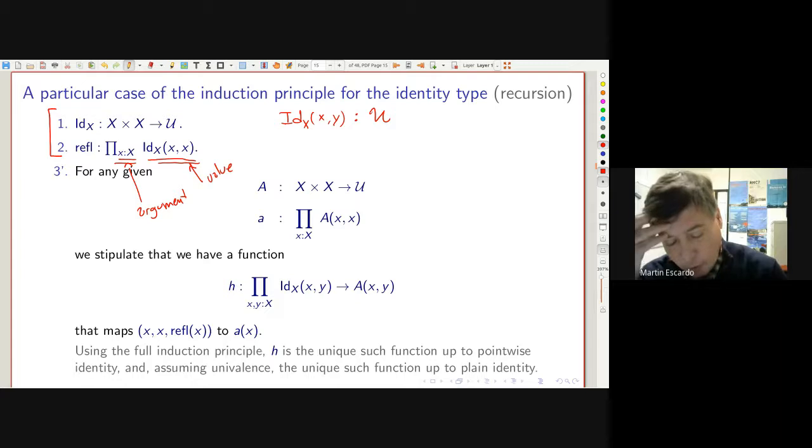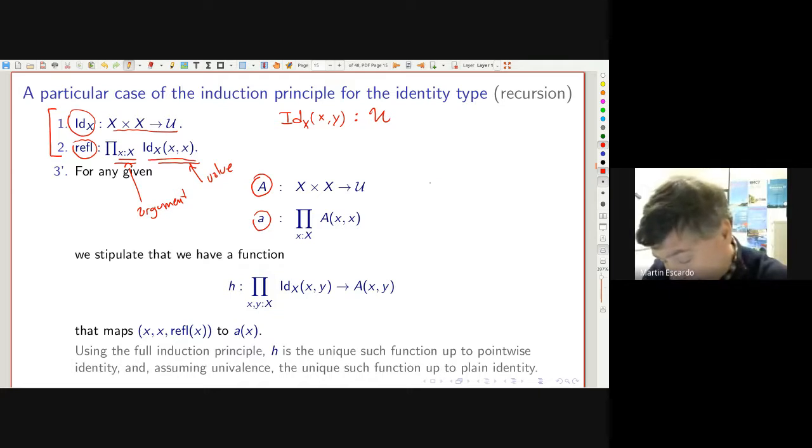Now we try to compare this with another candidate. So for identity, we consider another candidate with the same shape. And now in place of REFL, we are going to have another candidate, which, so imagine A as a binary relation.